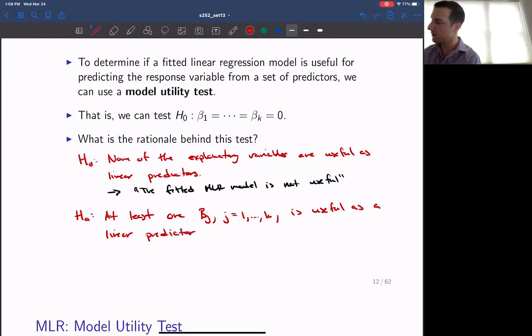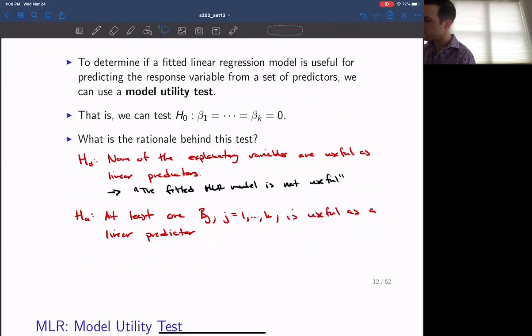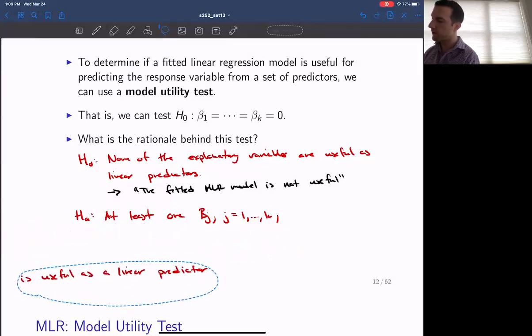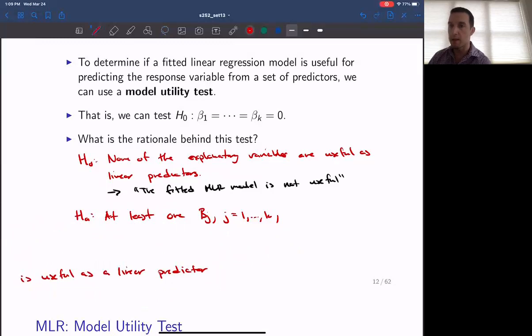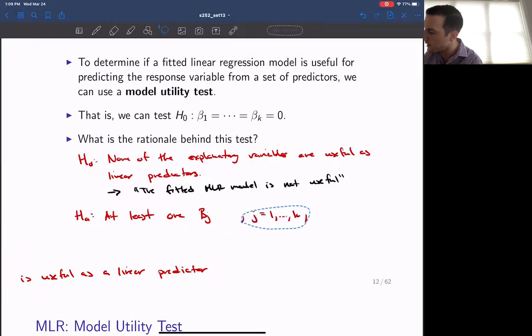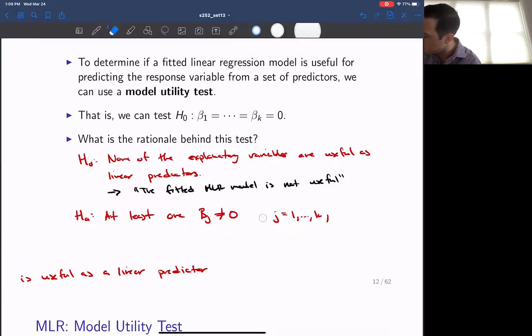Actually, sorry, I'm just going to move. So the alternative would basically just be at least one beta j does not equal 0 for j equals 1 to k. Okay.